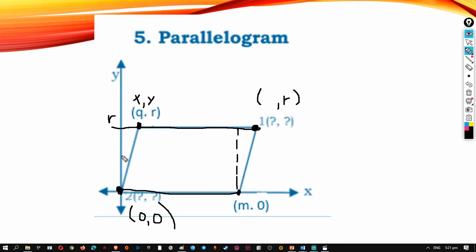M. Dahil parallelogram, ito at ito ay equal. Ang coordinate nito, ang X nito ay Q. Ito ay M. Kung ito ay Q, Q din yan.